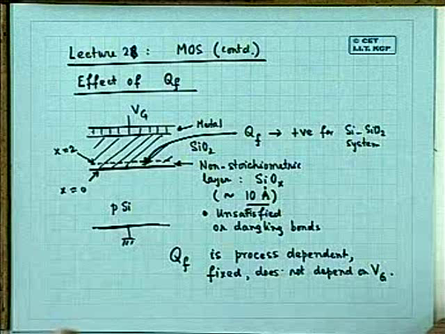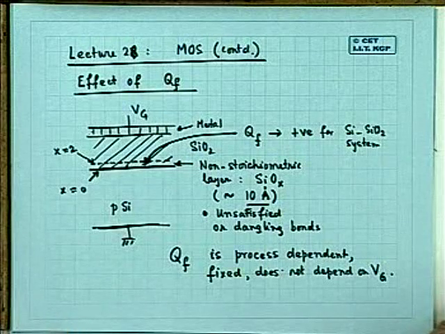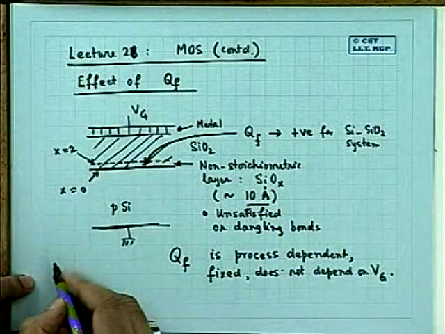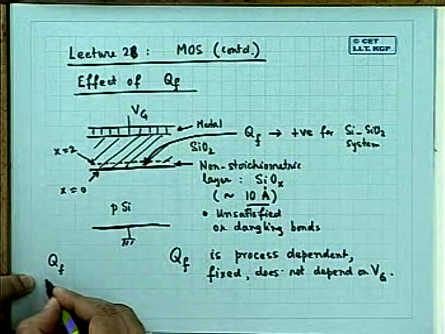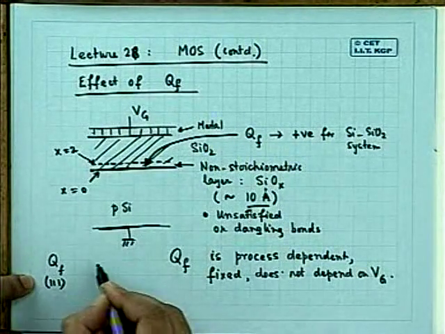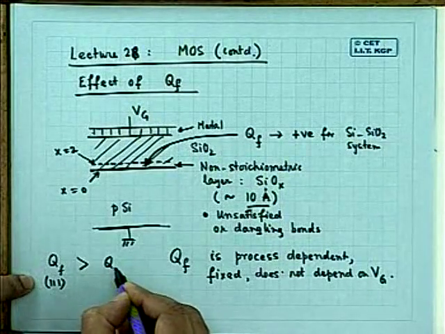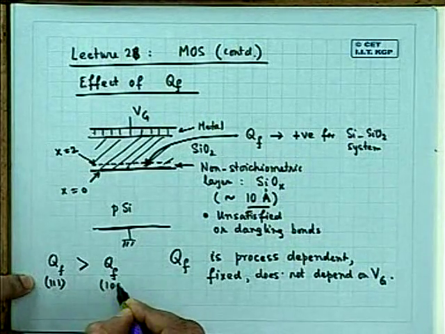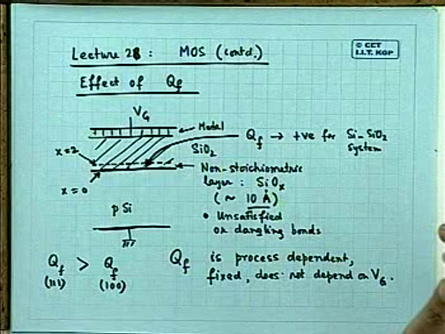It depends on the cut of the crystal. QF in 111 crystal is more than QF in 100 crystal. If the silicon surface has an orientation of 100, and another silicon surface has an orientation of 111, it is found the QF over the 111 silicon is more than the QF over 100 silicon.